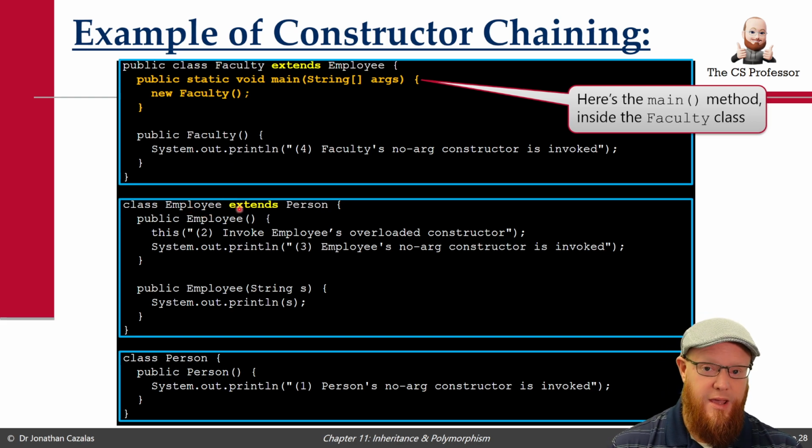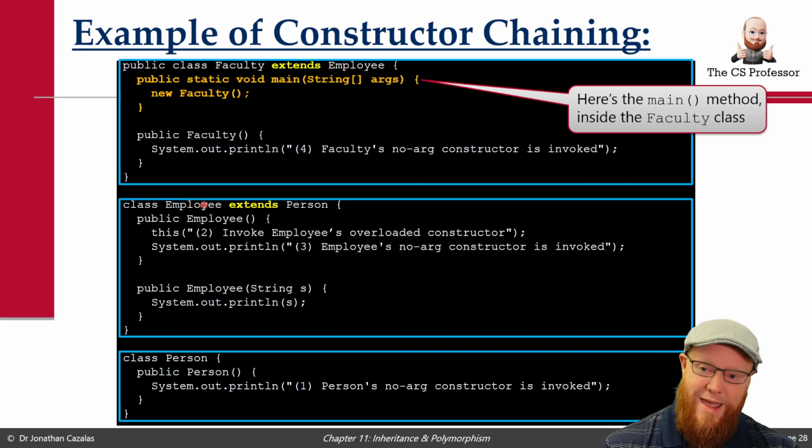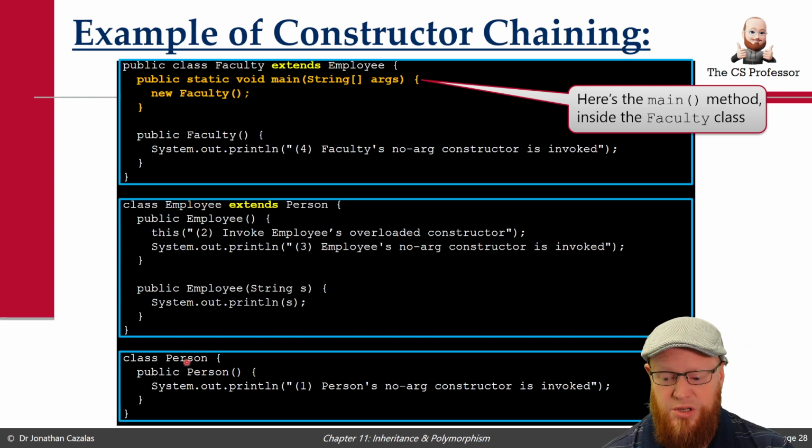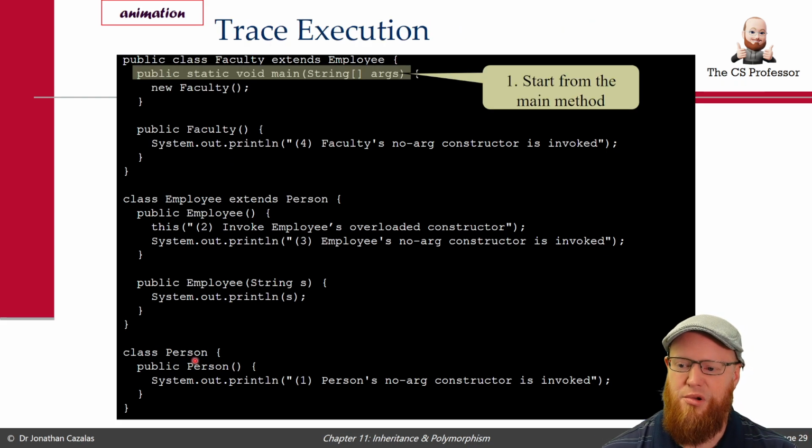Well, employee extends person. So when we call that employee constructor, it in turn will call the person constructor. And there's no explicit extending here. But of course, we know that person implicitly extends object, and we call that object constructor. This is what's going on. Let's now break it down.